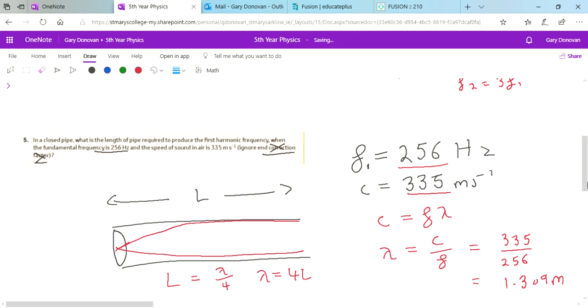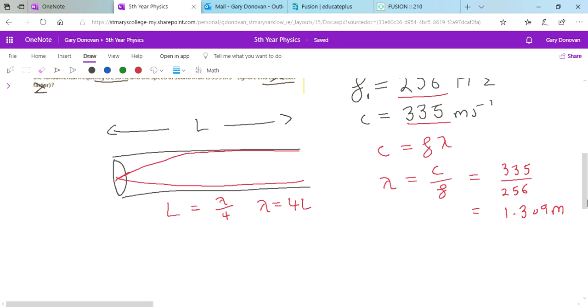So what length of pipe would we need to produce that? Well, our pipe has to be equal to lambda divided by 4. So the length of pipe should be 1.309 divided by 4, which is 0.33 meters.